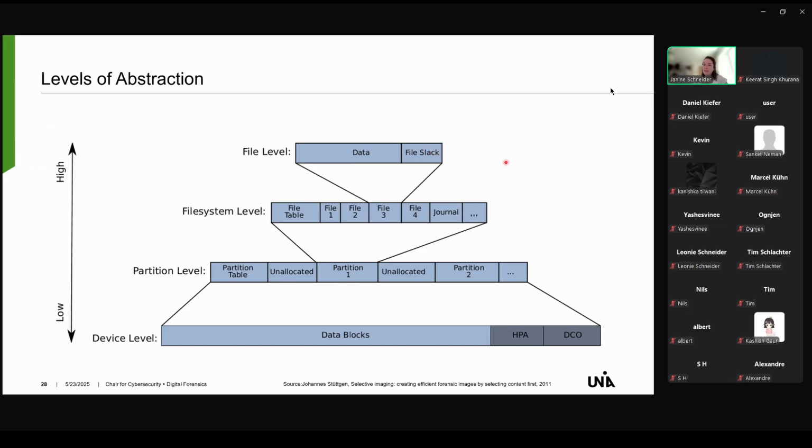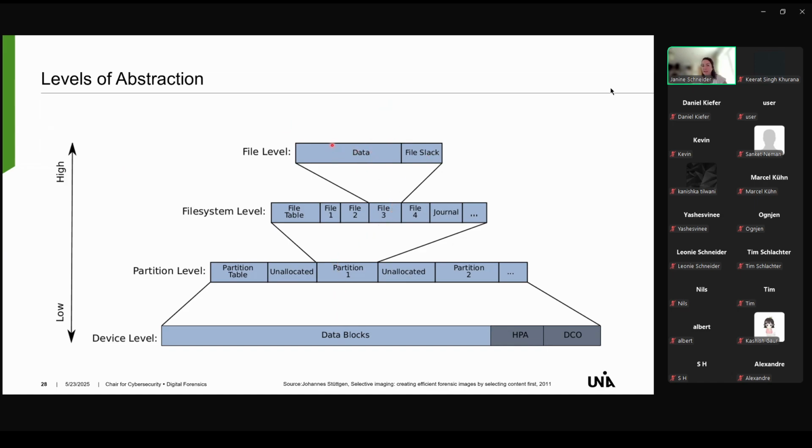Okay, so as I said, every single interpretation or abstraction step could introduce loss. And we are interested in the file level, for example. If we are interested in steganography, then we are interested in some kind of multimedia files. We try to secure the multimedia file, but it's also important to know where the file comes from.